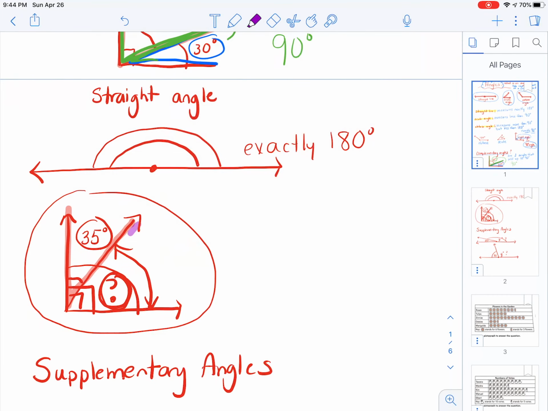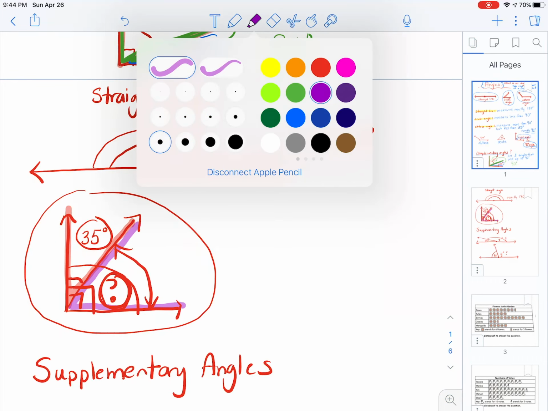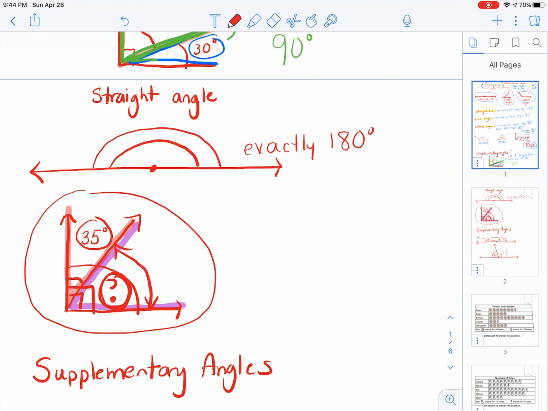If I were to highlight it in purple, if I wanted to know what that angle is, well, it would be 35 plus that angle has to equal 90 degrees. So to figure that out, I would use the opposite of addition, which is subtraction, to get 55 degrees.